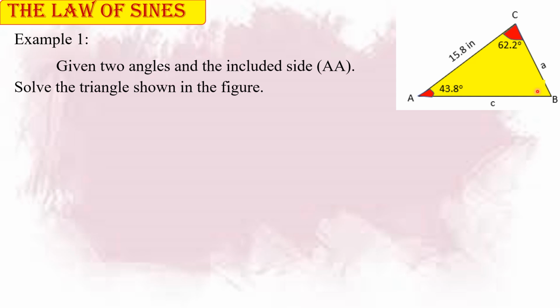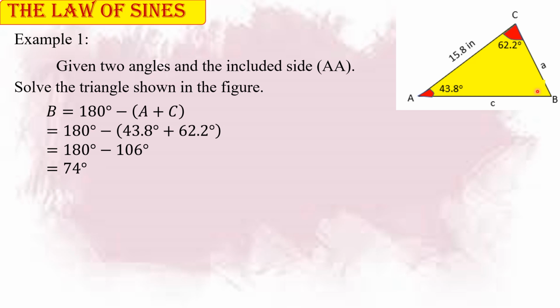Okay, so let's see kung naintindihan. So B is the unknown. Magiging B is equal to the measurement of the whole triangle, which is 180 degrees, minus the summation of angle A and angle C. So angle A measures 43.8 degrees and angle C measures 62.2 degrees. So we have 180 degrees minus (43.8 degrees plus 62.2 degrees).